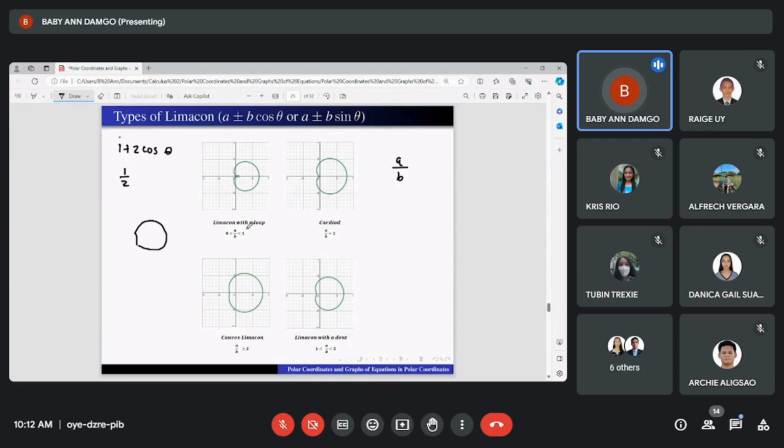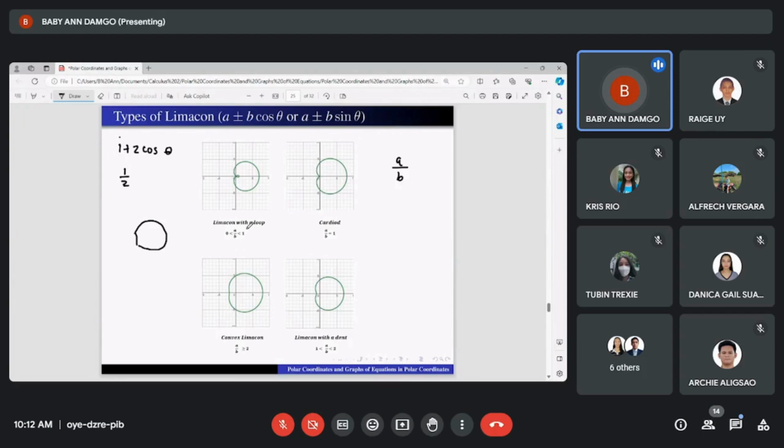Next, if A over B is equal to 1, so we have a graph of a cardioid, or this is a heart-shaped polar. Okay? So if A over B is greater than or equal to 2, so we have a convex limason.